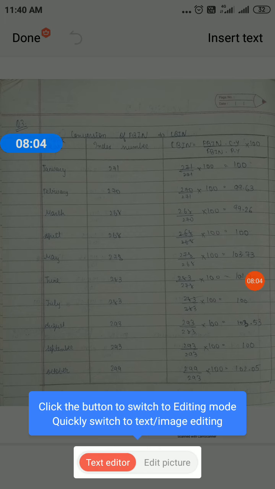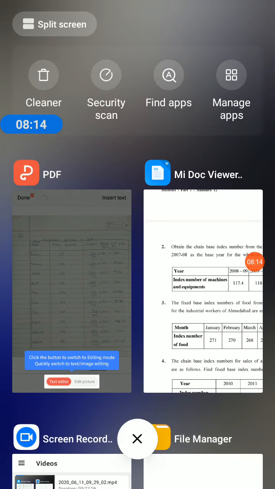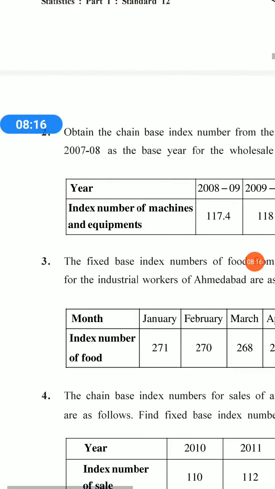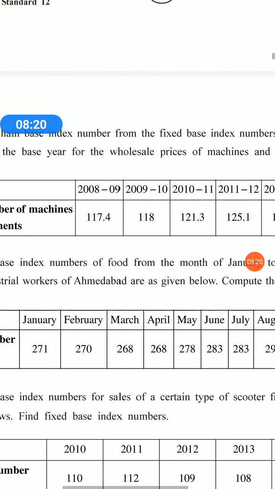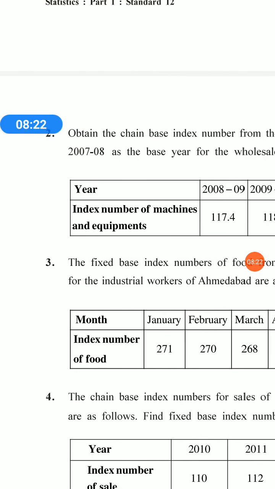See girls, before going on that method, I forgot one thing to explain to you. In question number 2, they already told us below with the year 2007-8 as the base year.